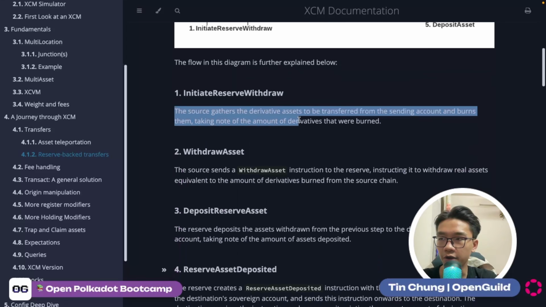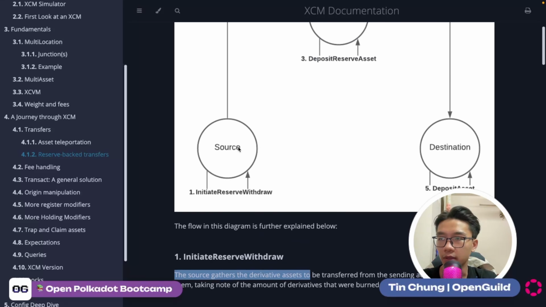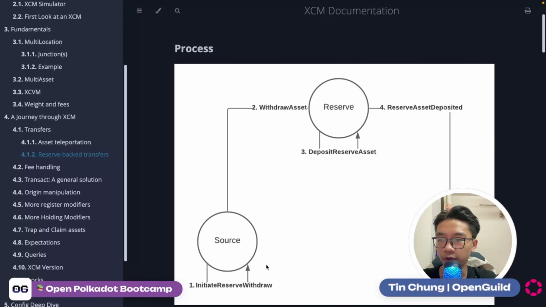Let the source gather the derivative asset to be transferred from the sending account. The source gonna have an account called the sending account, process the derivative asset, and initiate reserve withdraw of the derivative token from the source, and it's transferred to the reserve chain.